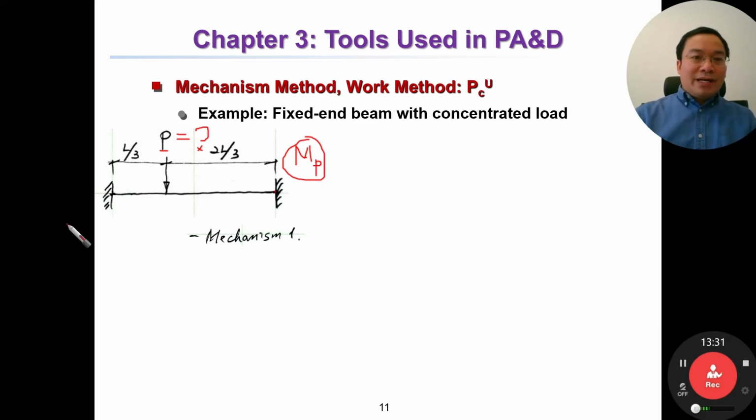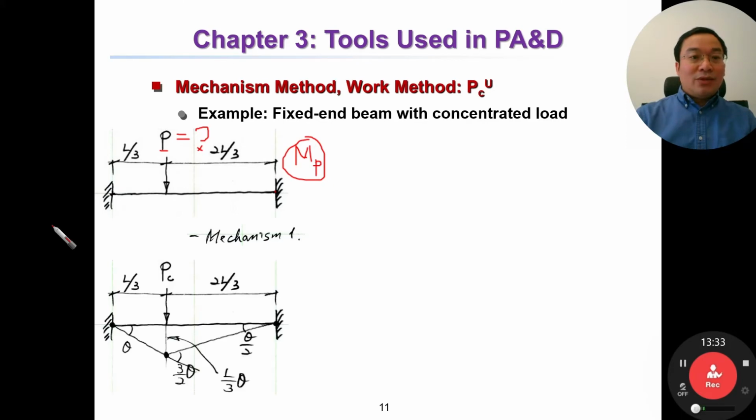We assume mechanism 1. We assume the plastic hinges occur at both ends and at the point of the load. Then this is mechanism 1.